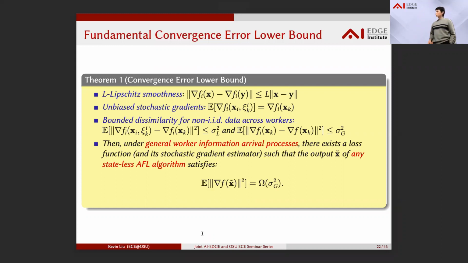Then we show that under a general worker information arrival process, meaning that under anarchic FL, the worker results may not return at the same time. The results could arrive in a pretty random fashion.